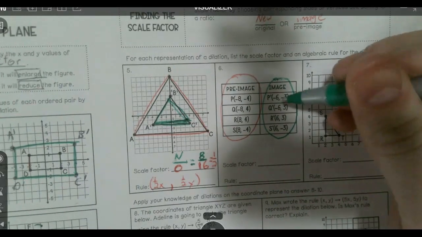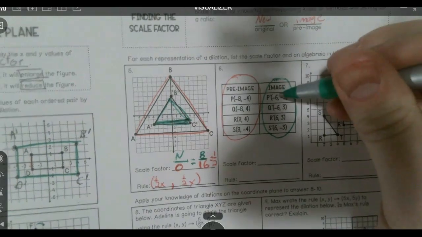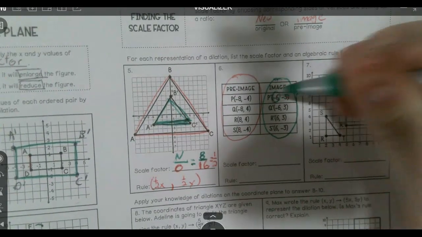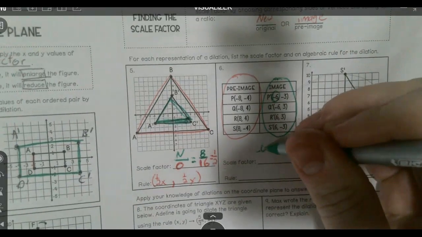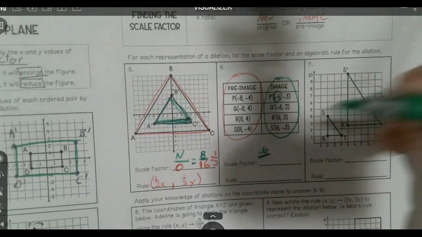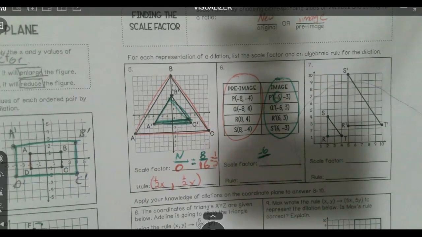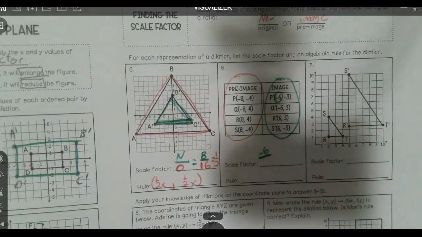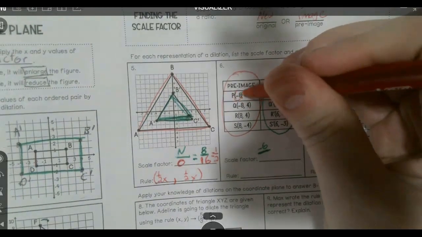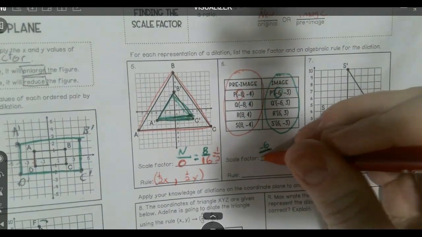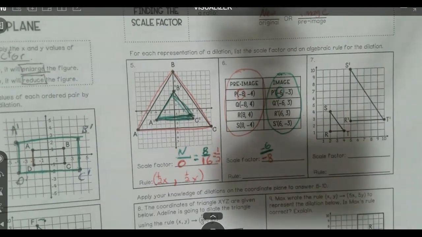Let's take any of these numbers we want to. I'm just going to take this one right here and put it in the numerator. And we're going to match it up to the corresponding, or matching, number in the pre-image, and we can create a ratio. Notice they are both negatives.